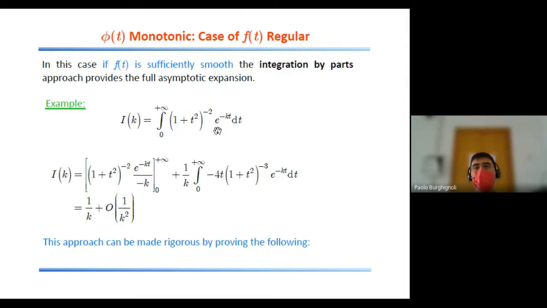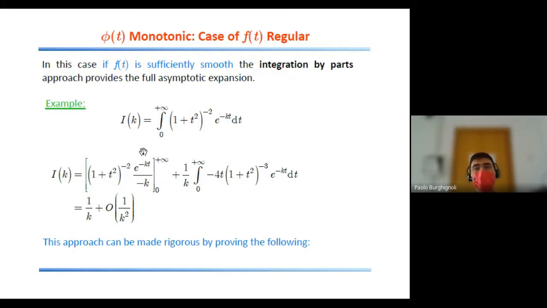If we perform an integration by parts, we obtain this finite term that must be evaluated at 0 and at infinity, in which the rational function is the same as in the original integral, whereas the exponential has given rise to this ratio between the exponential and minus k.